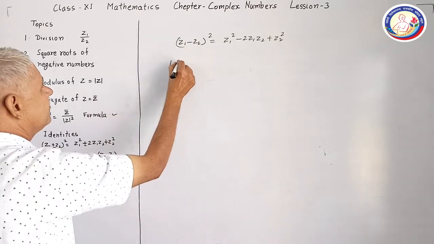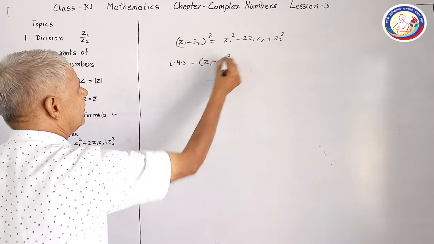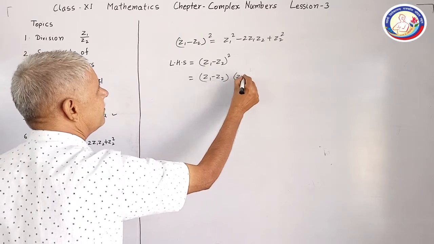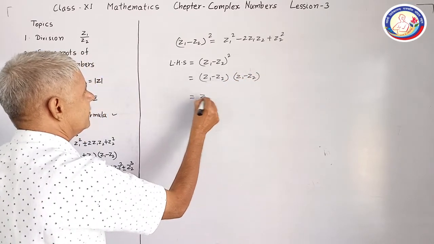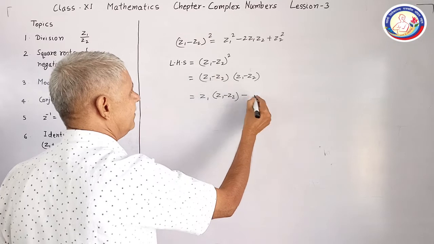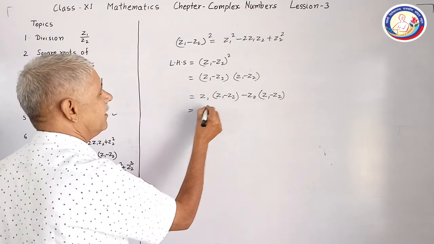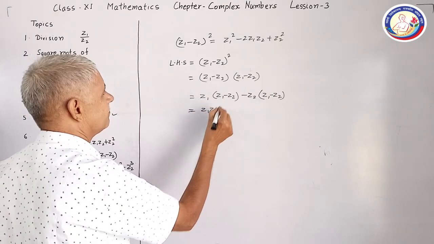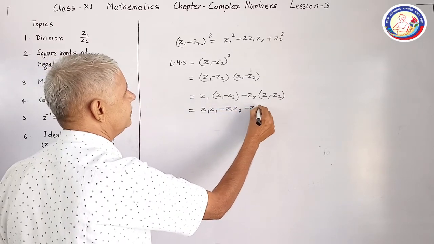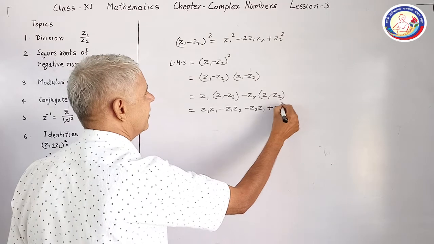So taking the left hand side, z1 minus z2 whole square equal to z1 minus z2 multiplied again by the same z1 minus z2. z1 into z1 minus z2, here it is minus sign, z2 into z1 minus z2. z1 into z1 and minus z1 into z2 minus z2 into z1, and minus and minus multiplied gives plus z2 square.